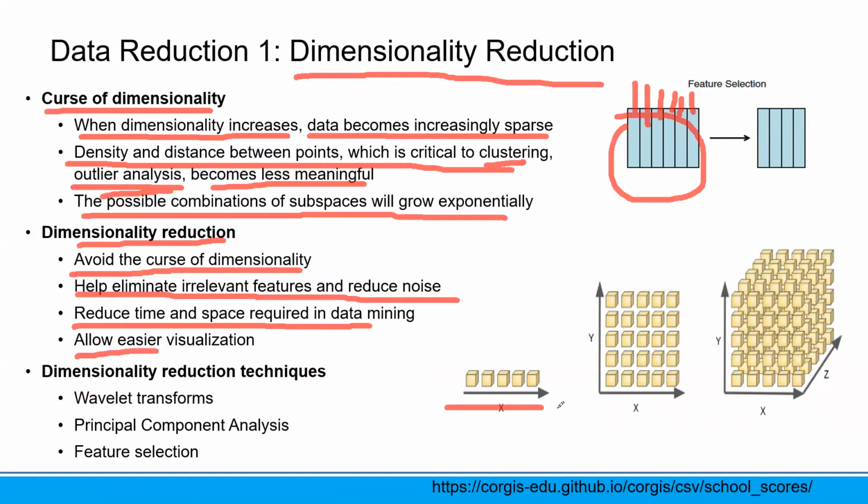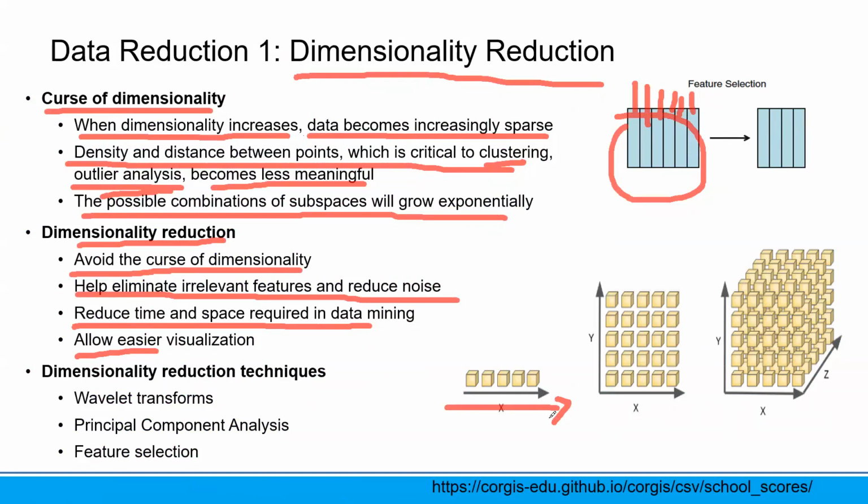If you have one column, it's easy because you can just plot it like this. If we have 2 columns, X and Y, we know the scatter plot. We can plot like this. If you have 3 dimensions, X, Y and Z, you can still see.